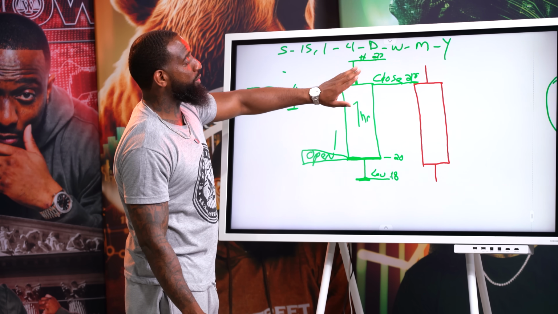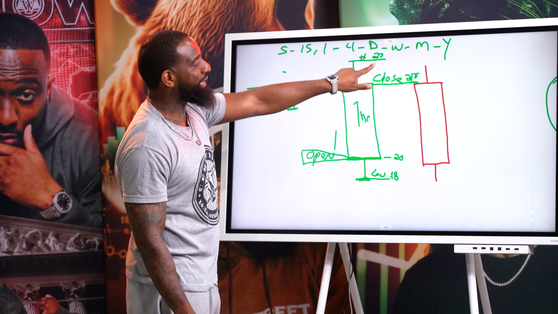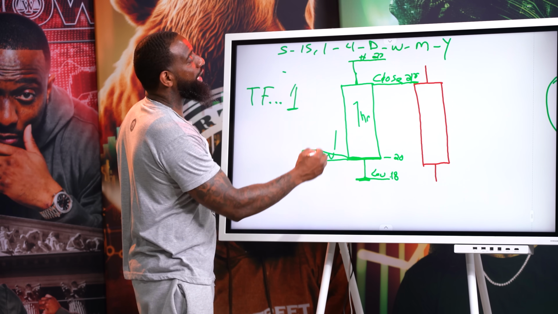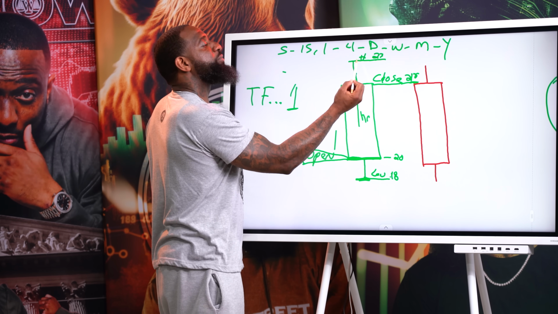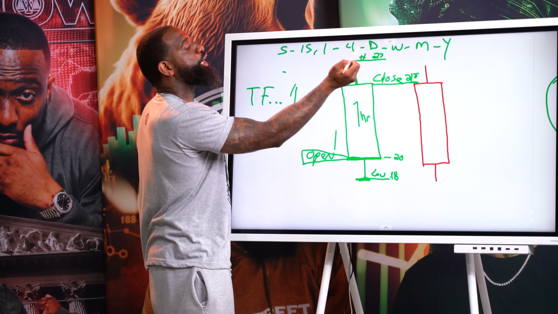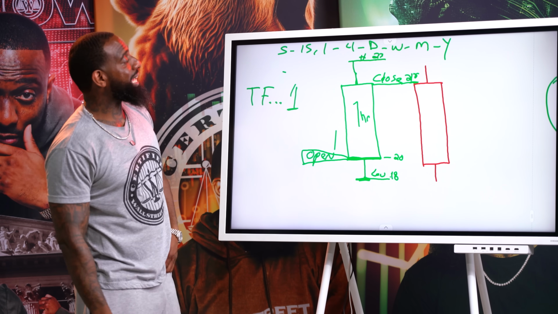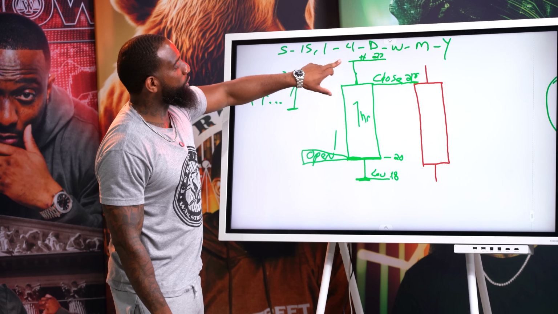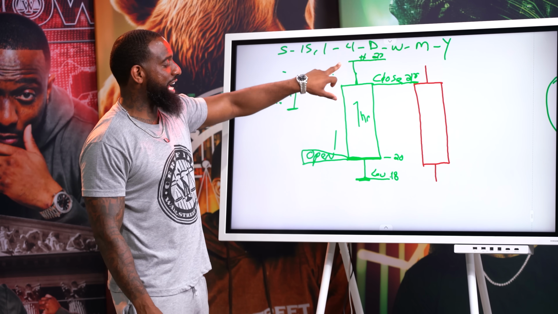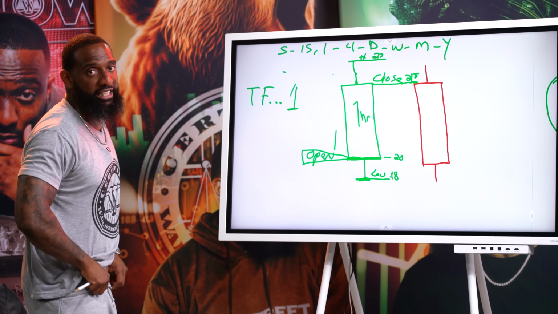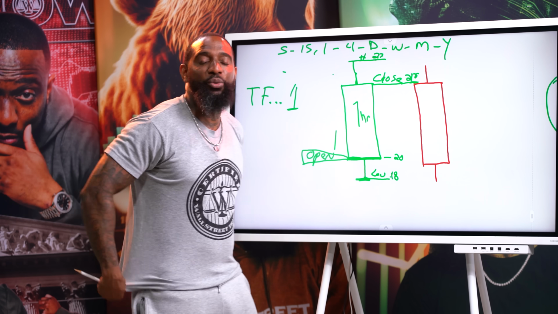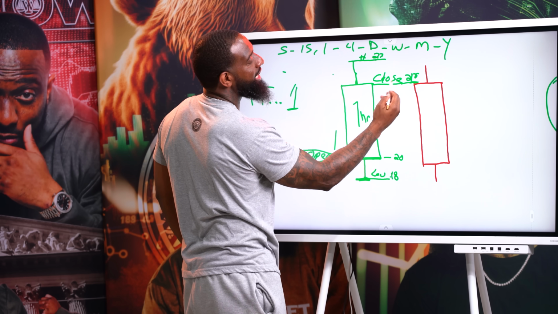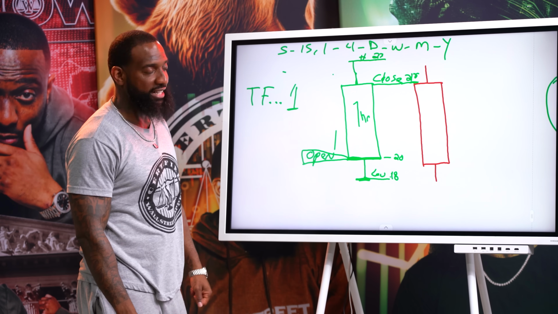We know for sure it didn't close at the high of this hour because it closed at 21.75. But it tells us at some point, the buyers came in and pushed it up to $23, but it got rejected. All right, so we know $23 got rejected in this 1 hour and $18 got rejected in this 1 hour, and that's okay, because here's what we know: it closed at 21.75.